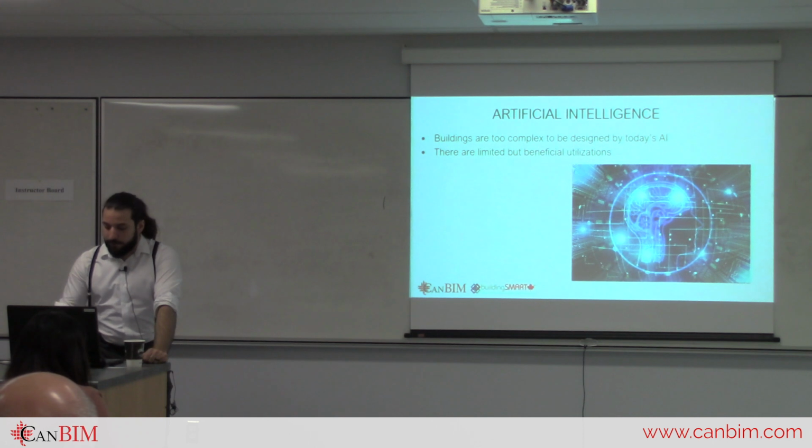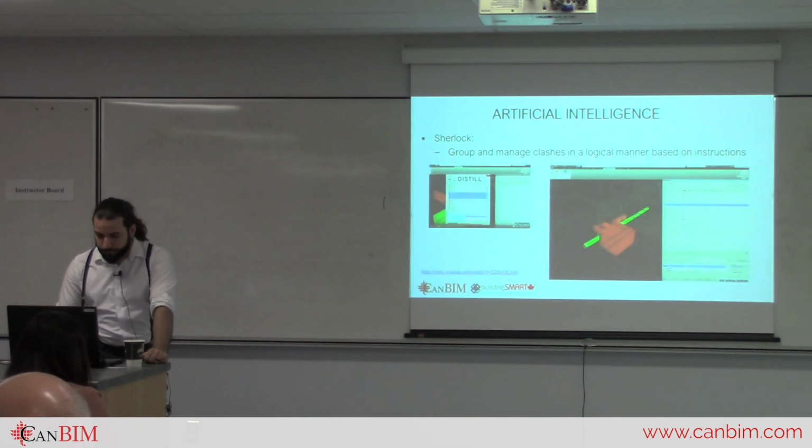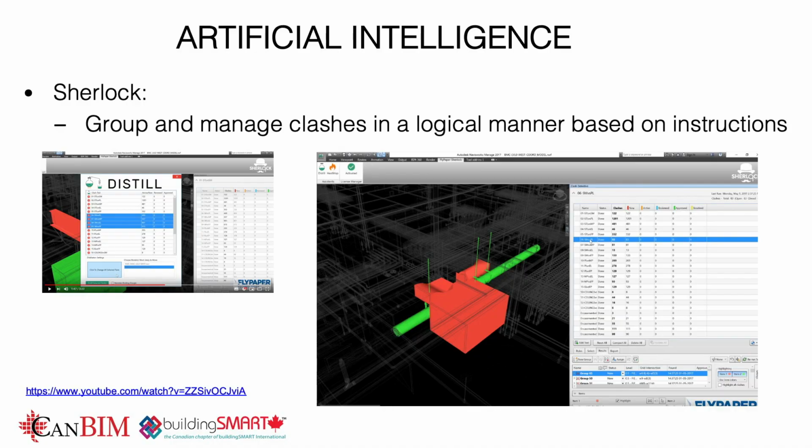So just to give a few examples of what's going on with AI: Sherlock, one piece of software I saw some time ago back at Autodesk University, tries to guess how it should group and manage clashes in a logical manner.